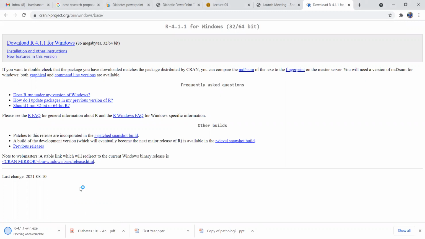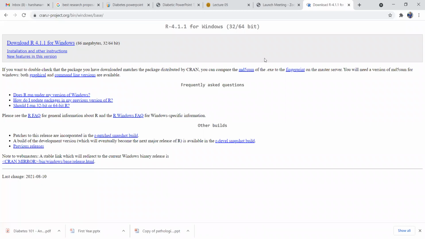So you can just open it. There's nothing new to install this.